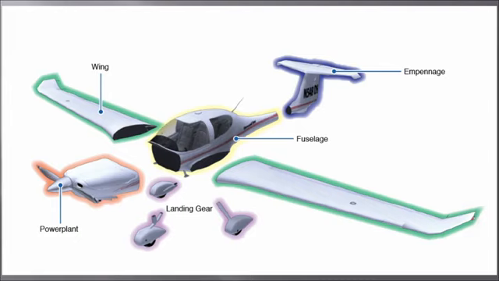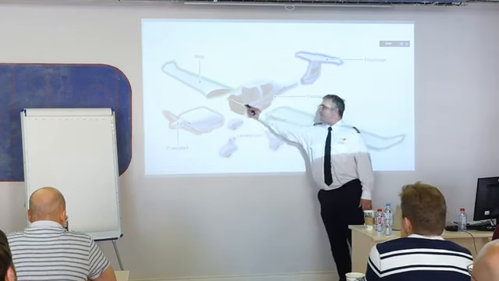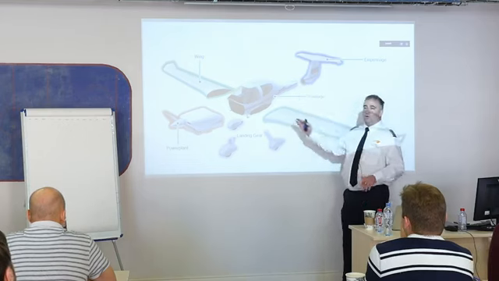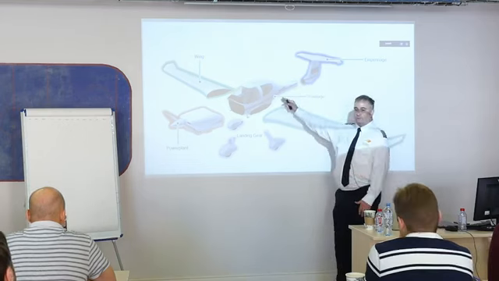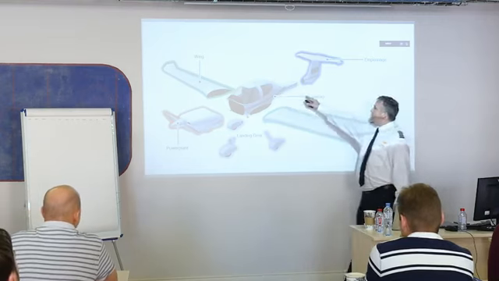Okay, here are the major components of the airplane. I need to at least know the major components of this airplane. Fuselage, this is where we sit, and generally speaking from the firewall back to the empennage, or if it were a pressurized airplane, that rear pressure bulkhead, okay? The empennage is the tail section.